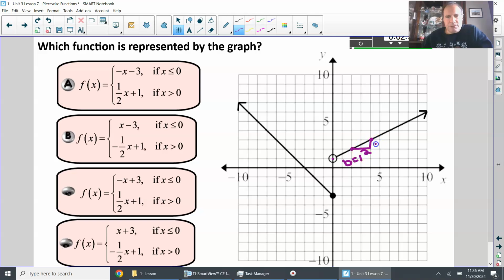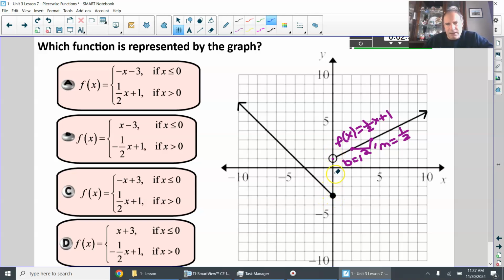This is 2, this is 1, so the m is 1/2. So this is f of x equals 1/2 x plus 1. And that is that one.